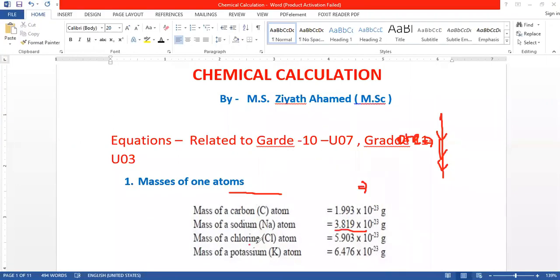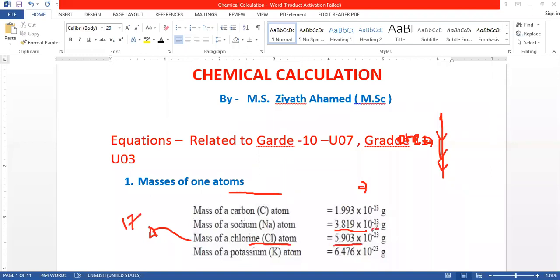If you look at chlorine, the atomic number of chlorine is 17, and you may have studied that mass number, 35.5. But the mass of a chlorine atom is 5.9 × 10^-23 gram. It is a very light mass.